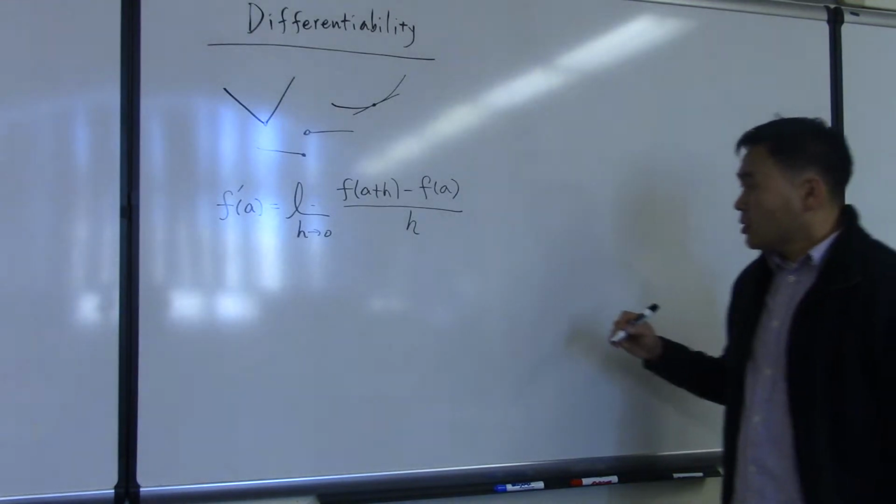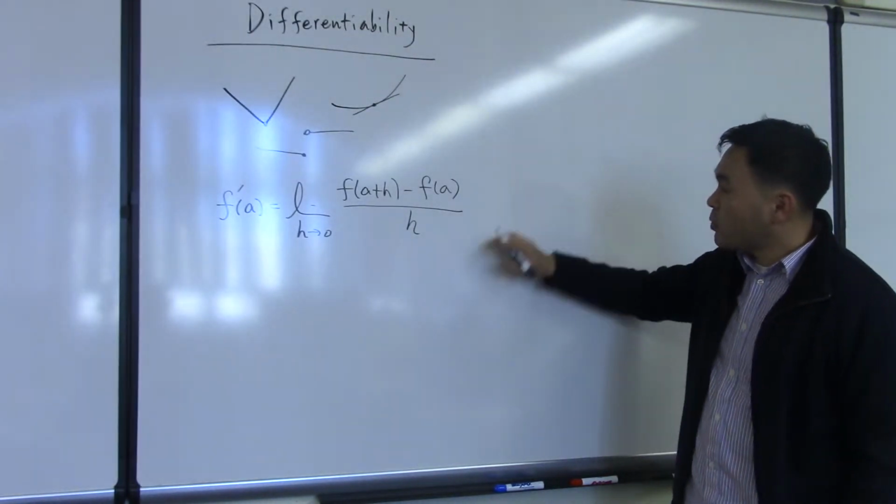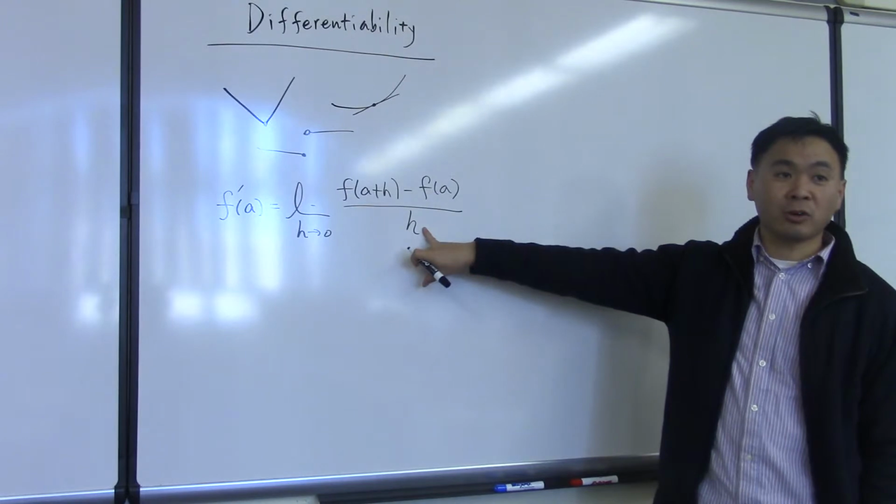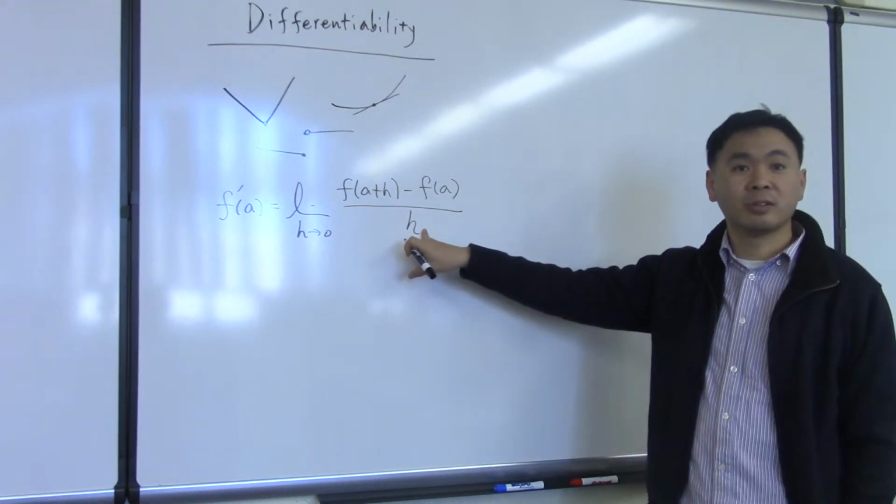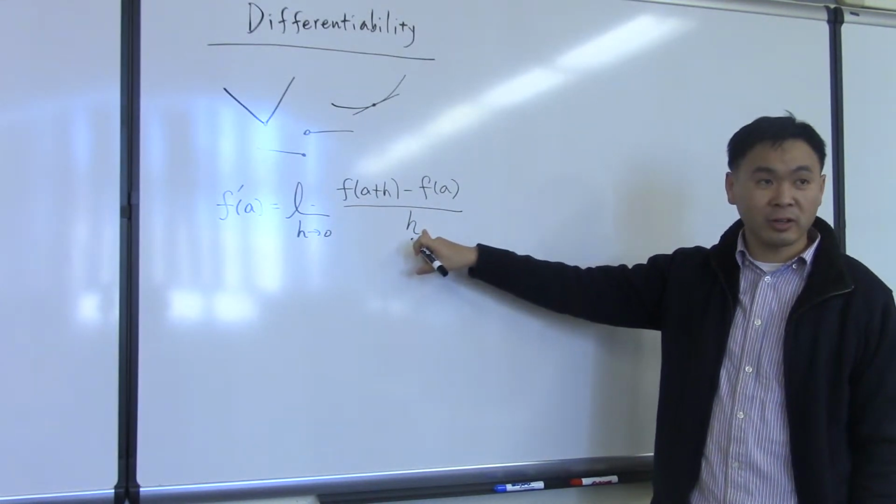Now let's think about what happens to the denominator. Where does h go? 0. This denominator becomes 0, right?